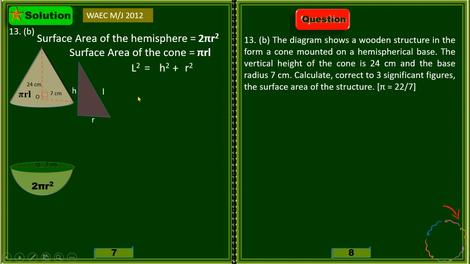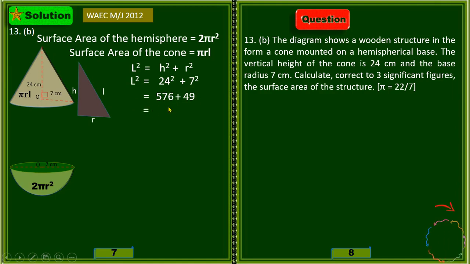So these are related. From Pythagoras rule, we have L squared is equal to H squared plus R squared. So we're going to find the value of the slant height. We substitute the value of 24 squared, then 7 squared. Then we simplify this: 576, and this is 49. You can do these things with your calculator.